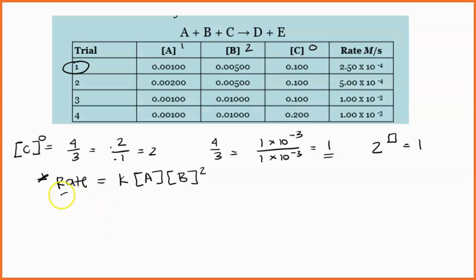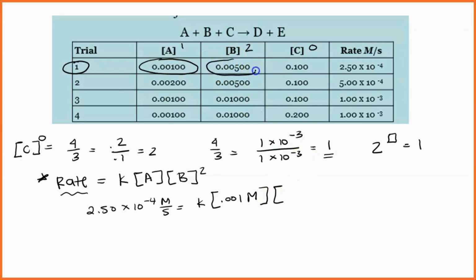At trial 1, the rate is 2.5 times 10 to the negative 4, and my units are molarity per second. I don't know k, that's what I'm solving for. The concentration of A is this 0.001, and concentration is that capital M. And then my concentration of B is that 0.005, also M. That one has to get squared though because I figured out the order for B is to the second power.